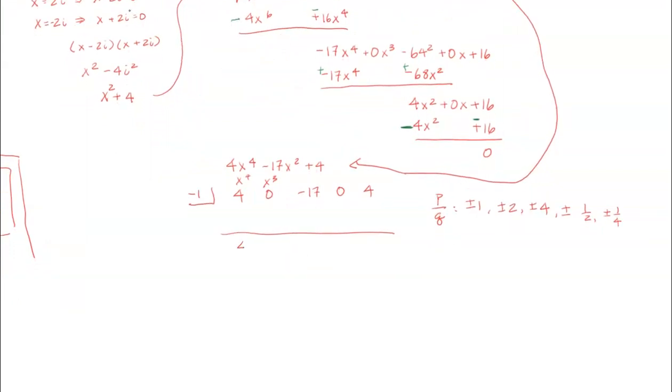Negative 1, 4, negative 4, and that is a negative 4. Negative 4, 4. That's still not going to work. It has to be a larger number.